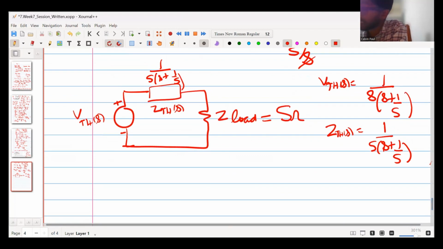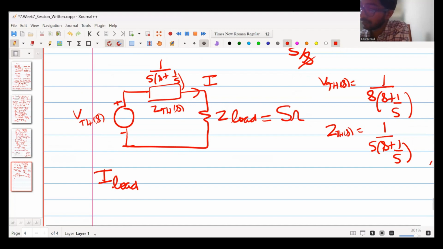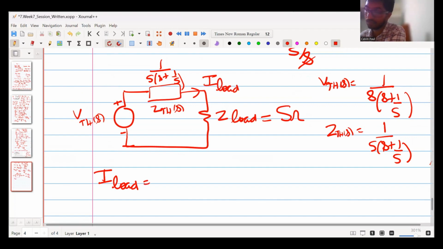So we have this current. What is this current given by? I load. What is the expression?